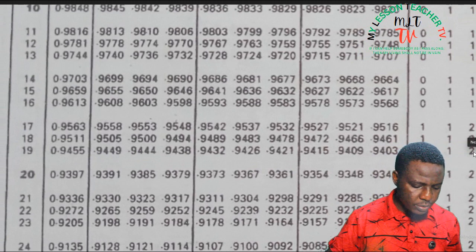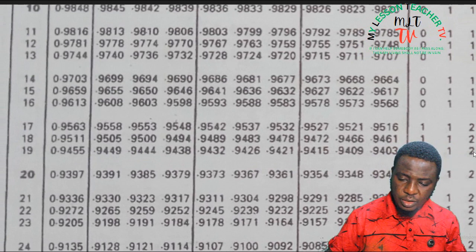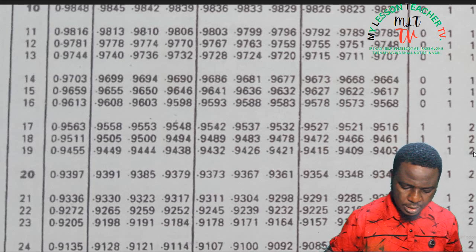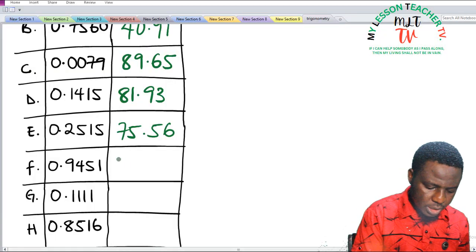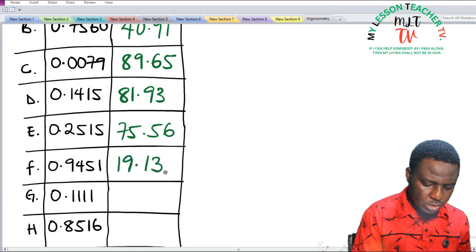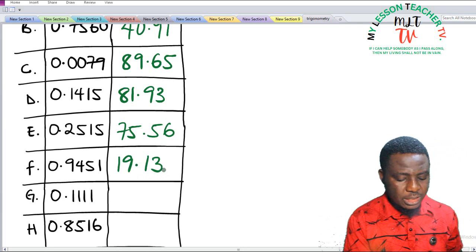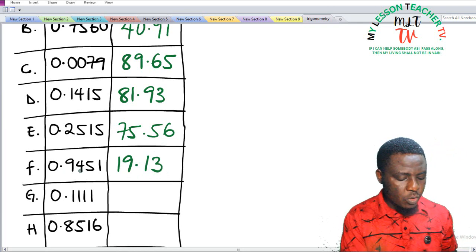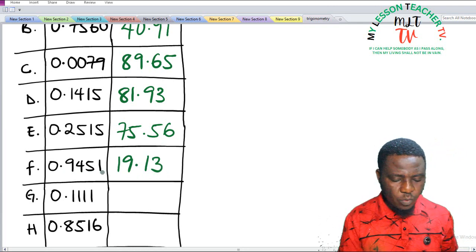So this is 19 under 1, difference 3. Our answer becomes 19.13. That is, cos 19.13 is 0.9451.